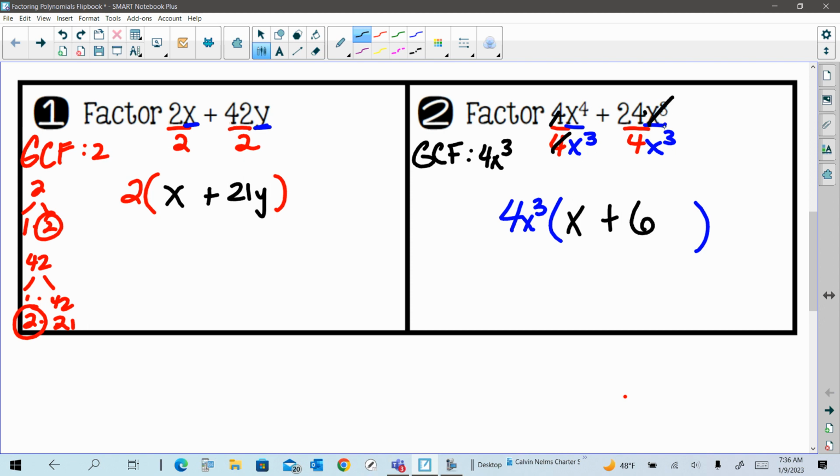And 3 over 3 would cancel out. So that is my final answer: 4x to the 3rd times x plus 6. You can think of it as reverse multiplying. You're thinking to yourself, what am I multiplying to this 4x to the 3rd to get 4x to the 4th? So anytime we divide like variables with exponents, you just subtract them.